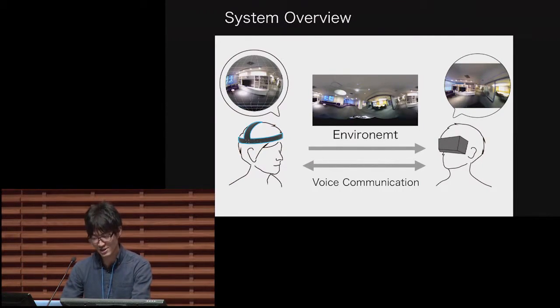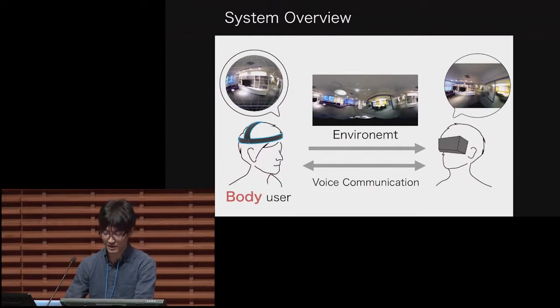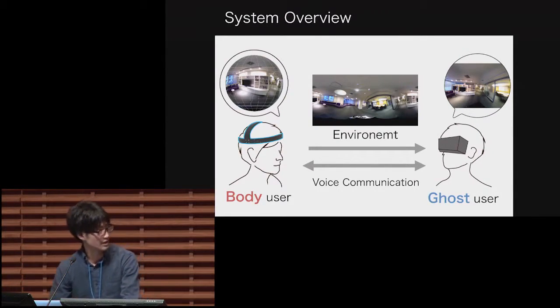And voice communication is available in LiveSphere. As a definition, here we define a person who works in the actual place and shares the environment as the body user, and a person who is in a remote place, observes the shared environment and gives assistance and guidance as the ghost user.